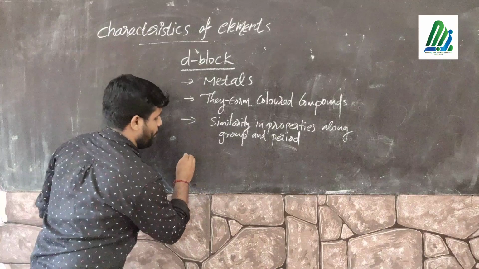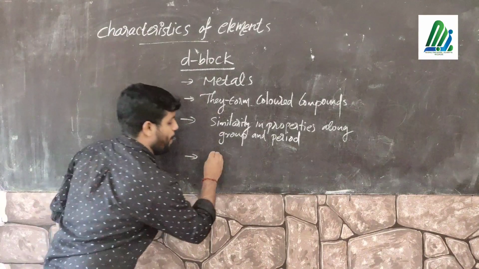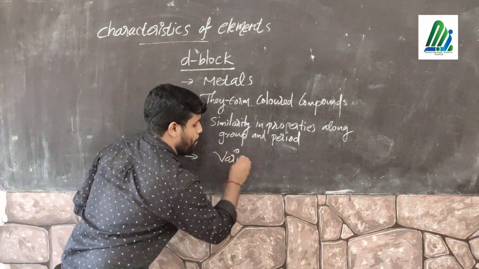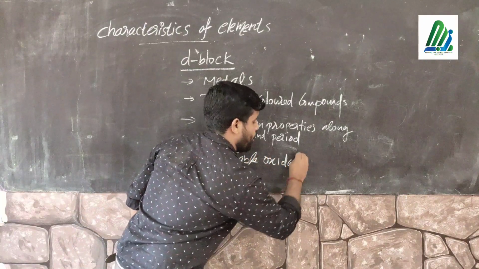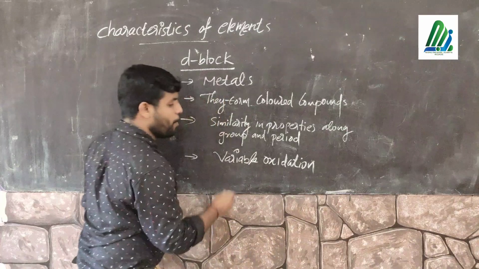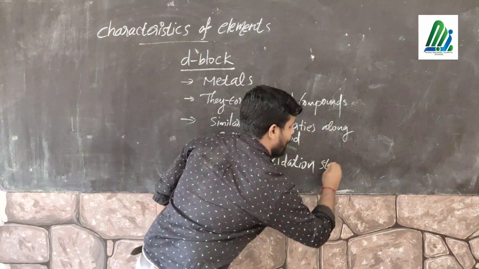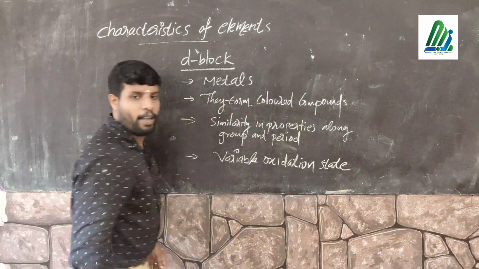And the fourth, they show variable oxidation state. These are the main 4 characteristics of D block elements.